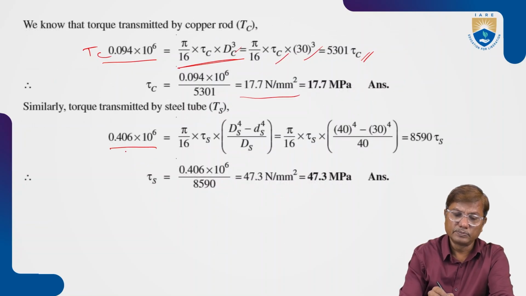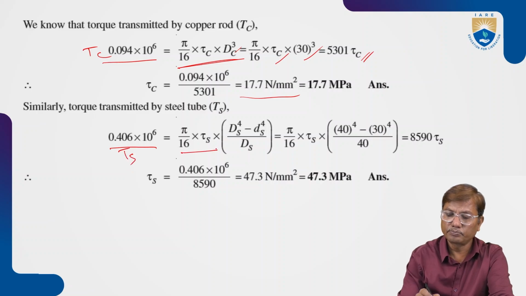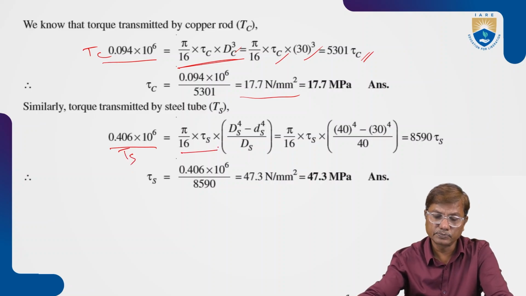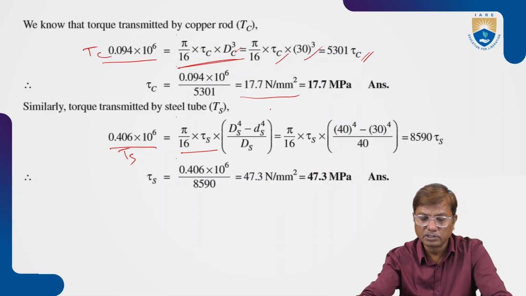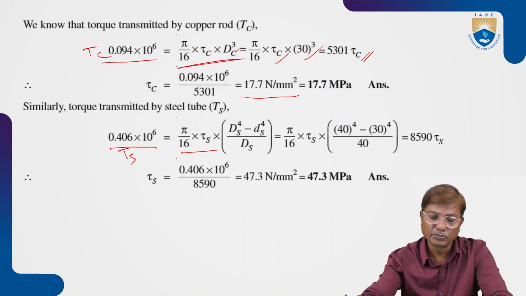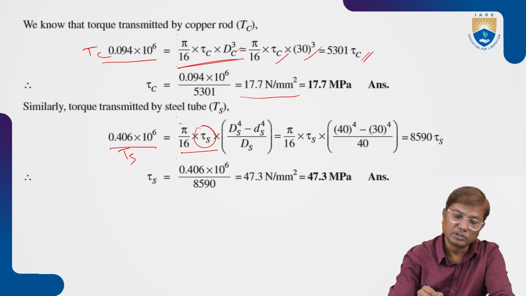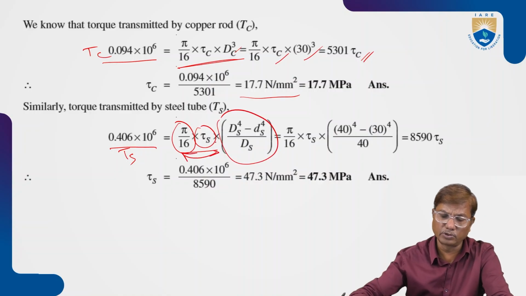Similarly, in steel tube, TS equal to pi by 16 tau s into ds power 4 minus small ds power 4 by ds. Actually, pi by 16 into this is polar modulus.